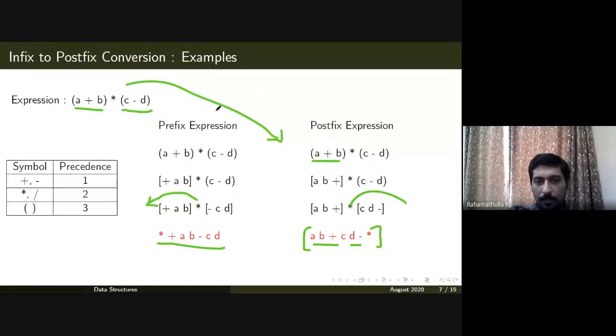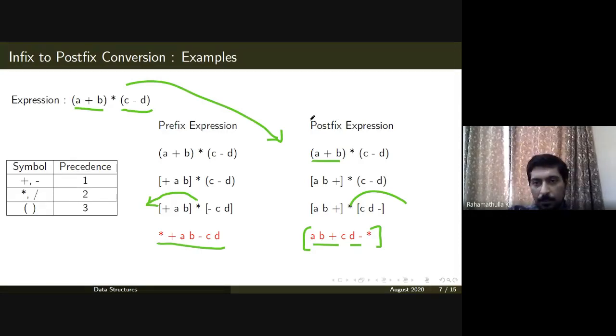So it will be DC minus, then BA plus, and a star there.